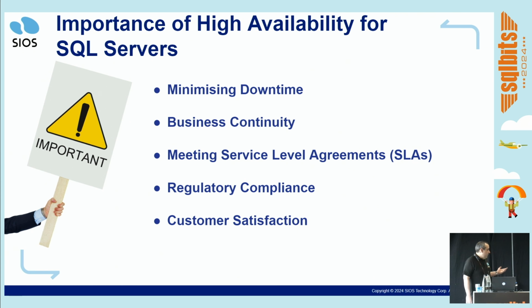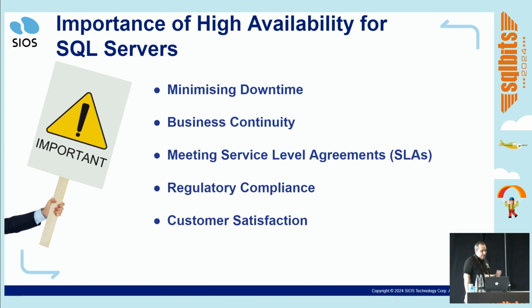Something I've come across a lot is regulatory compliance, in finance and healthcare. Some of these industries have their own compliance and effectively SLAs that come from the industry itself that you've got to maintain. And they can have punishment should you not achieve them. So it's quite important if you work in those industries to make sure that you're keeping up with the regulatory compliance. And just finally, customer satisfaction.